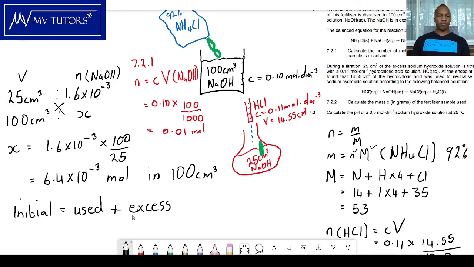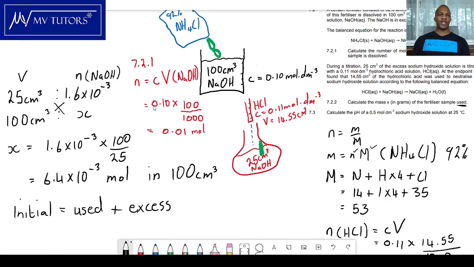And we are interested in the used ones because the question says calculate the mass of the fertilizer sample used. So it's very specific to say used. So we want the used ones. If it said in excess, then we could have calculated that.